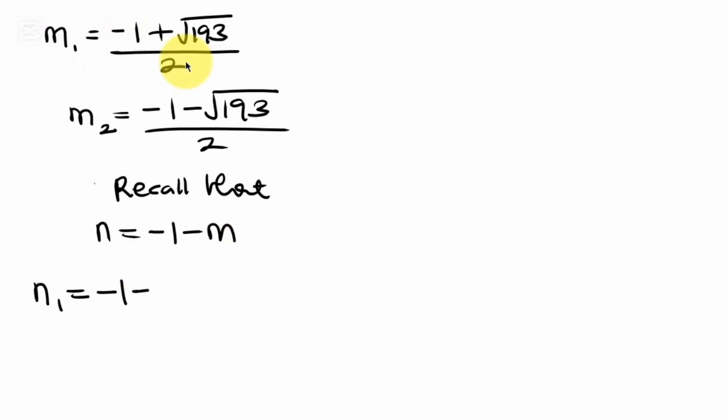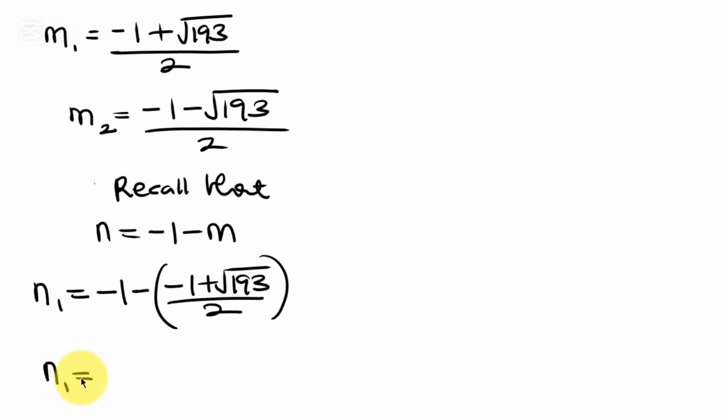The corresponding value, I'll put this inside of a bracket, will be negative 1 plus the square root of 193 all over 2. Now let's simplify. So we have the first value of n to be negative 1, and negative times negative is positive 1. Negative times positive is negative square root of 193 all over 2.